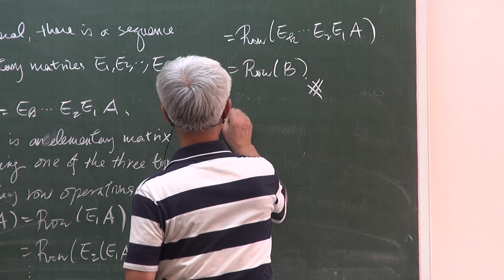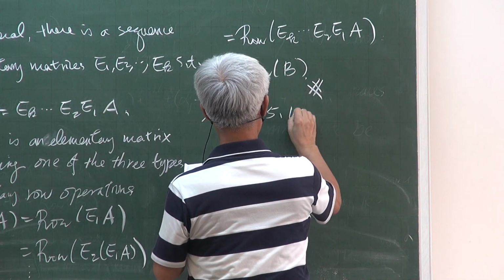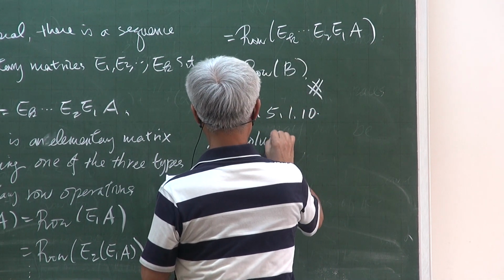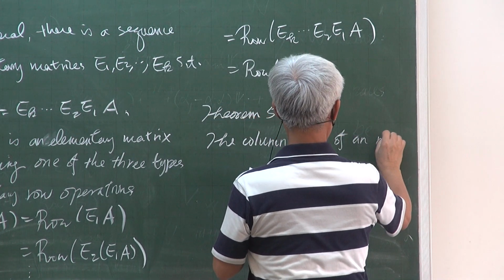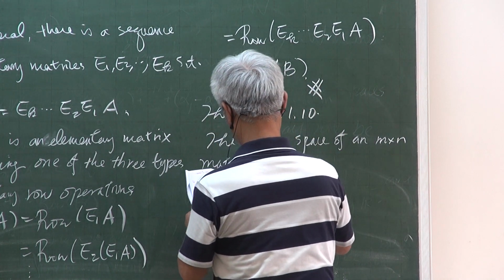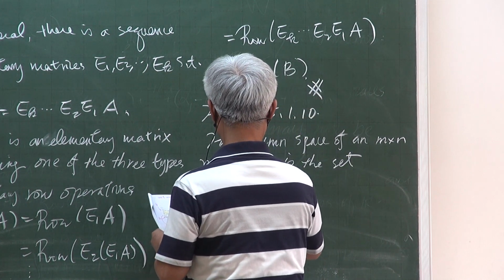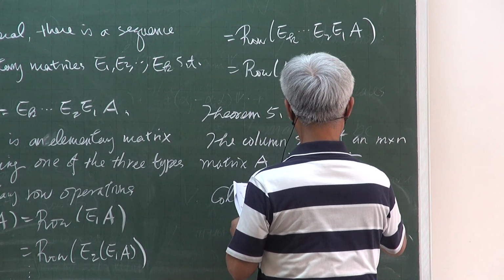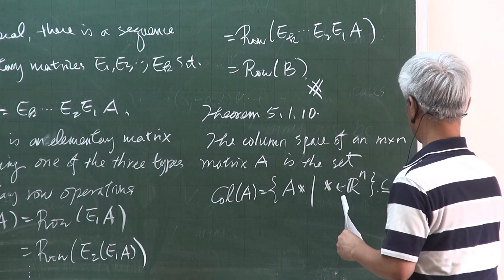Okay, and a trivial theorem. So trivial. Anyway, the column space of an m times n matrix A, in the textbook, is the set of Ax where x is in R^n.